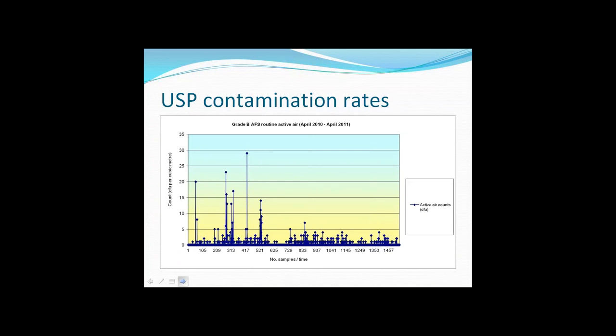Taking that data further and putting it onto a Shewhart chart, you can see that there was a small concentrated period where the counts were out of limits, and then a much wider set of data where the counts have been within limits.